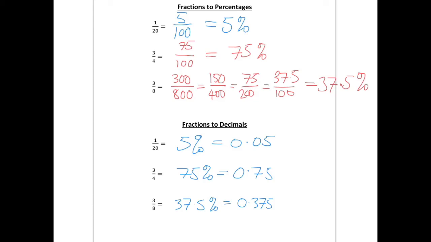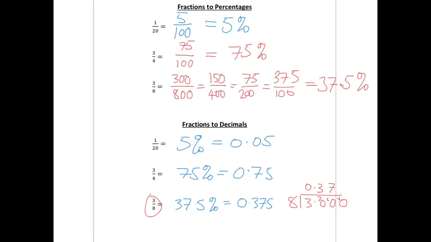Another way we could do this is by long division. If we just show you this, 3/8 is 3 divided by 8. So there's 3, I'm going to divide it by 8. Well, 8 doesn't go into 3, so I carry the 3 across. 8 goes into 30 3 times, with a remainder of 6. 8 goes into 60 7 times, with a remainder of 4.